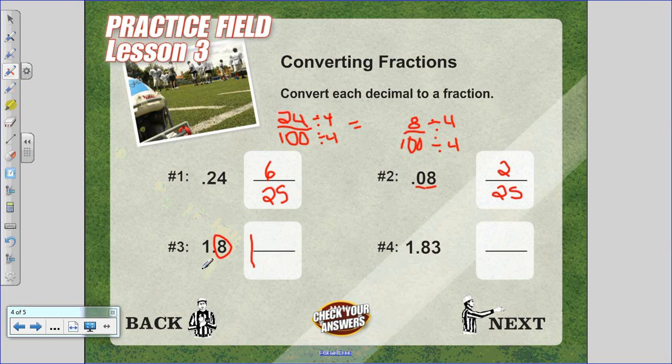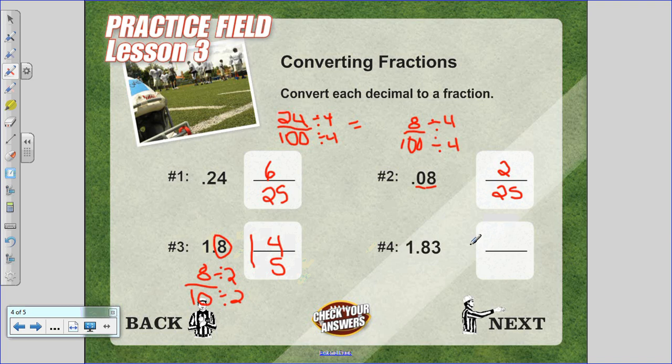So it is 8 over, since there's one decimal place, I'm just going to put it over 10. 8 and 10 are both divisible by 2. 8 divided by 2 is 4, and 10 divided by 2 is 5. So my final answer is 1 4/5. So I don't really need to do anything with that whole number except just kind of hang on to it.